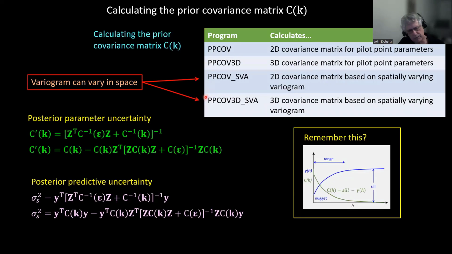These two for the PEST suites are particularly nice because they allow that variogram to vary in space. Therefore, you can have different directions of anisotropy, different ranges of spatial correlation in different parts of the model domain. That comes in handy when we've got a large model domain encompassing many different types of geology. So calculating CK is normally not much of a problem.